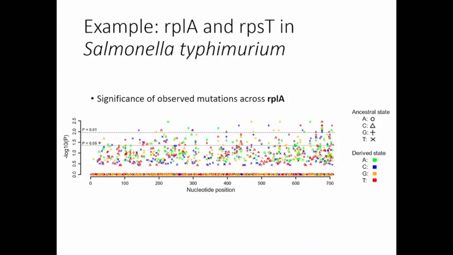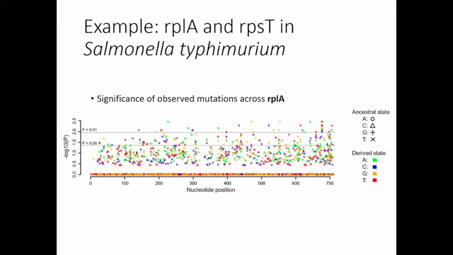Okay, so we get a data set that is kind of a mess of stuff, but let me tell you what we're looking at here. This is not super informative, but I just wanted to give you an idea of what the complete data set is that we now have after we run through this. On the x-axis, we have nucleotide position. This is data from looking at the Salmonella and related species phylogeny, and specifically we're now focusing on one of those ribosomal protein genes, rplA.